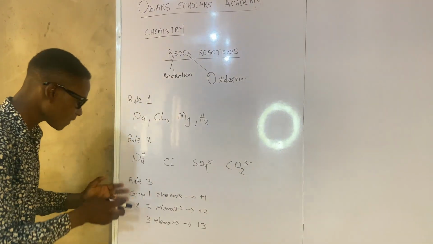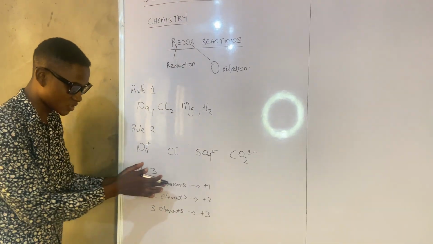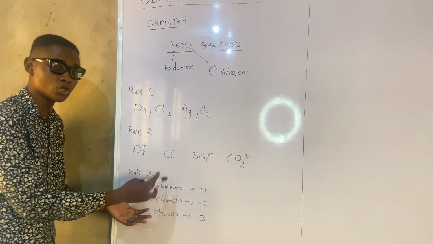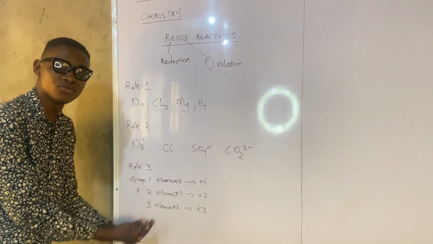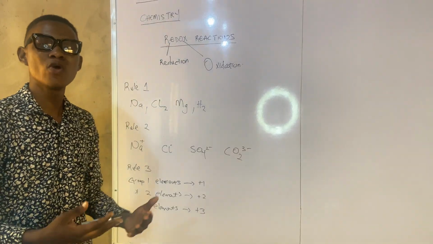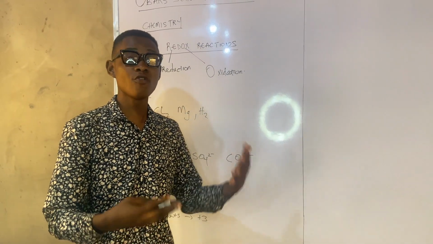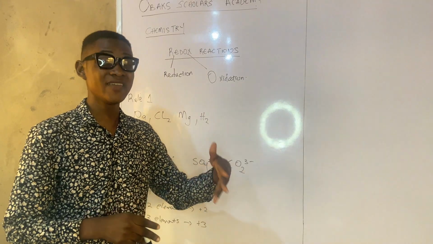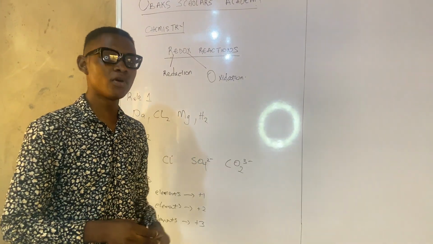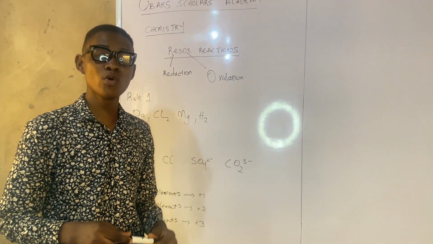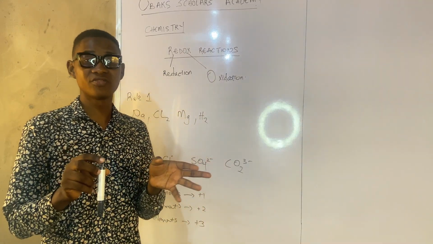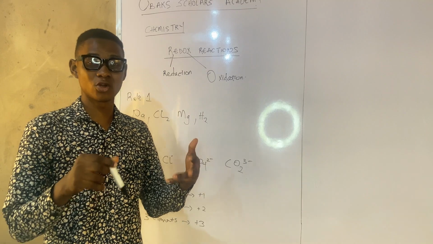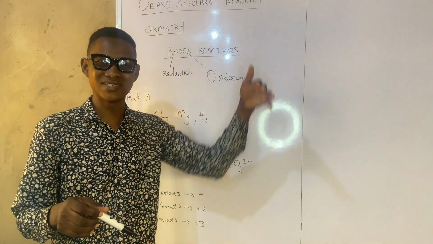So we'll think that the group 1 element, their oxidation number is what? +1. For group 2 is +2. For group 3 is +3. Now, when we go to group 4, of course, group 4 is +4. Even group 5 is +5. But for the sake of UTME, for your level, most of the reactions that will be carried out, or the questions that you see, will really go down the group.